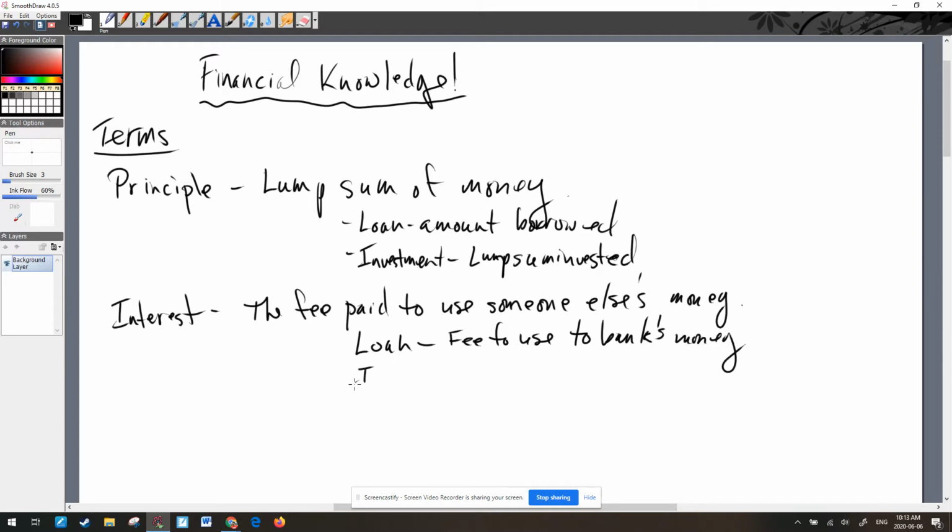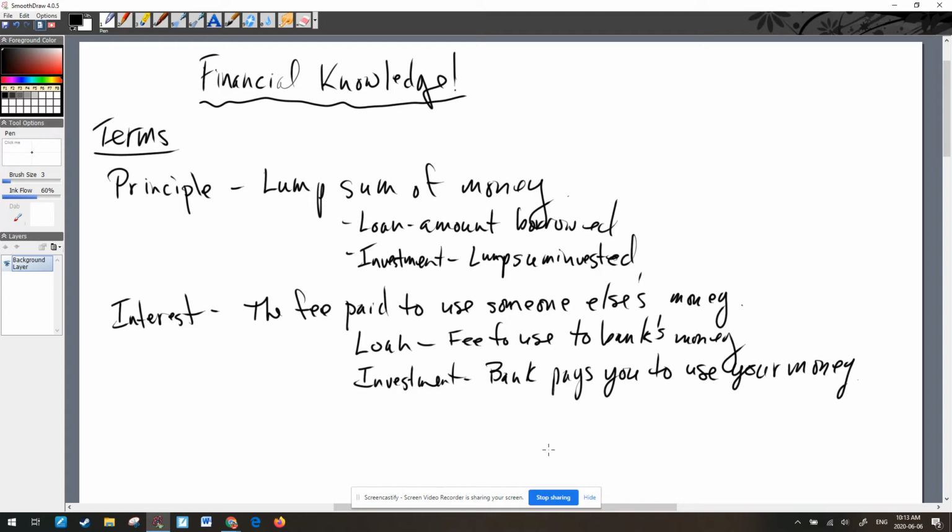Whereas if it's an investment, the bank pays you to use your money. Okay, so those are crucial.